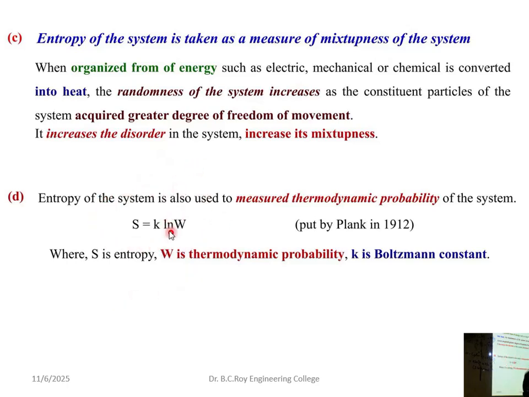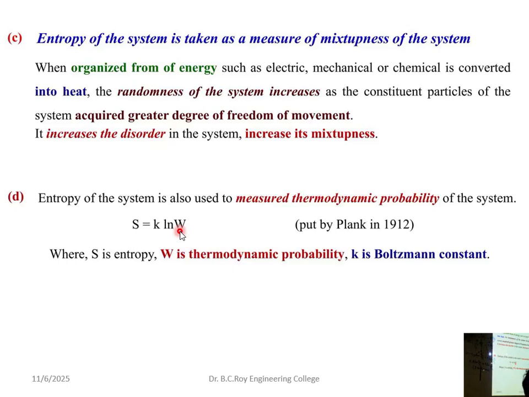And what is W particularly? This is very important. K is very simple: R by N0, where R is the absolute gas constant and N0 is the Avogadro number. So R by N0 is this small k, the Boltzmann constant. And capital W is the thermodynamic probability related to degrees of freedom of the molecules. Do you understand the term?